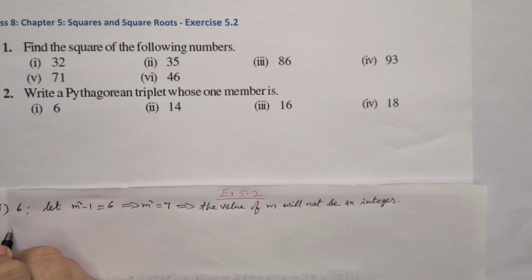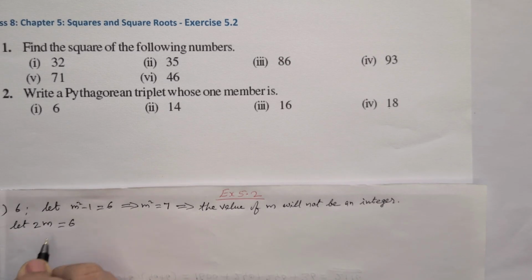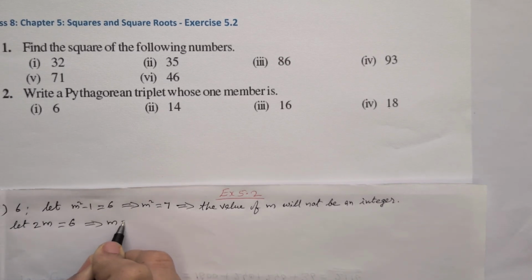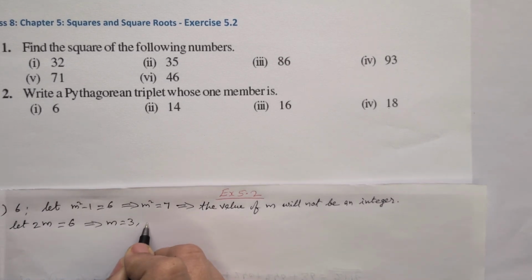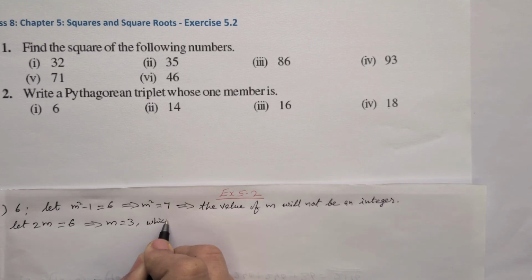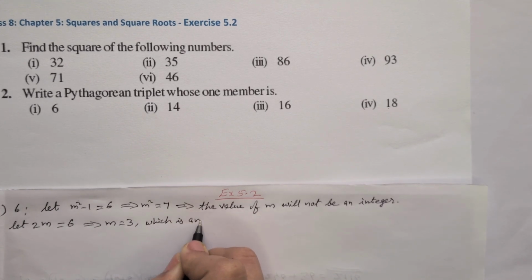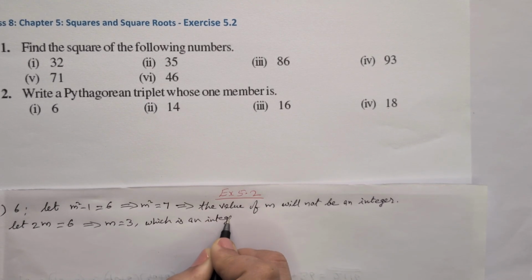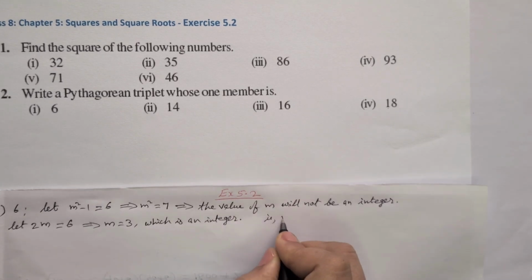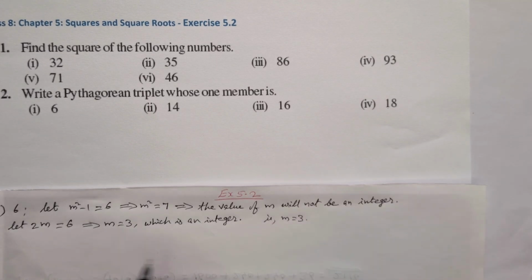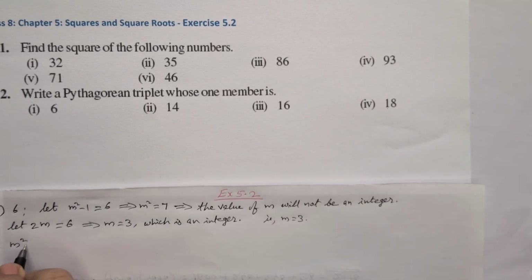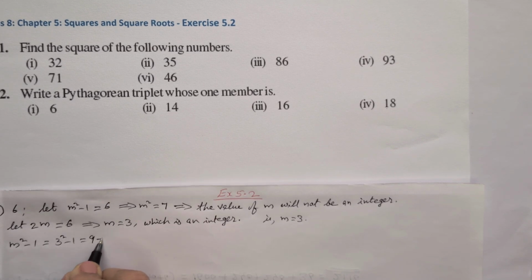So we can try the next one. Let 2m is equal to 6, which implies m is equal to 3, and it's an integer. So we can take m is equal to 3. Then m square minus 1 is equal to 3 square minus 1, that means 9 minus 1 is equal to 8.